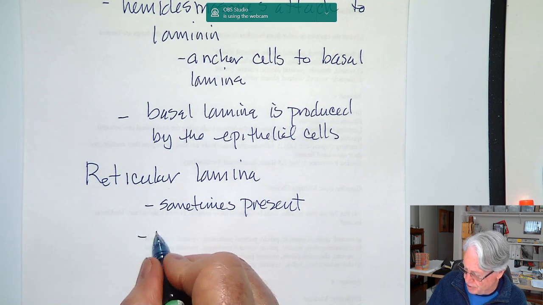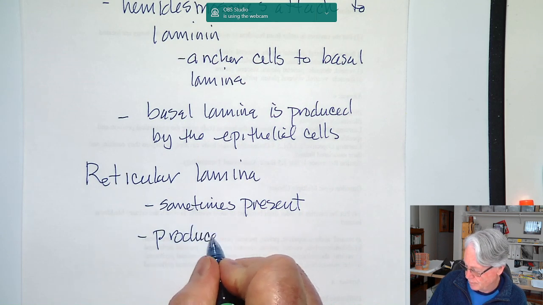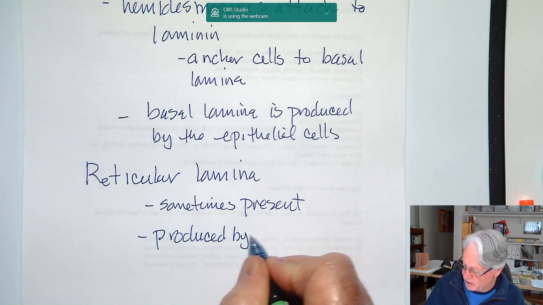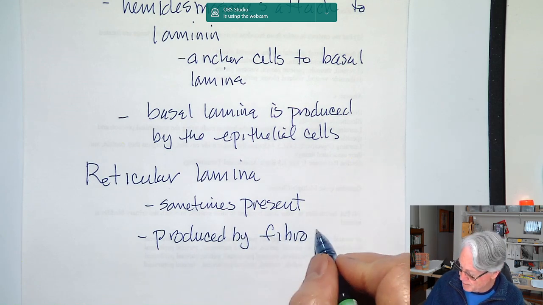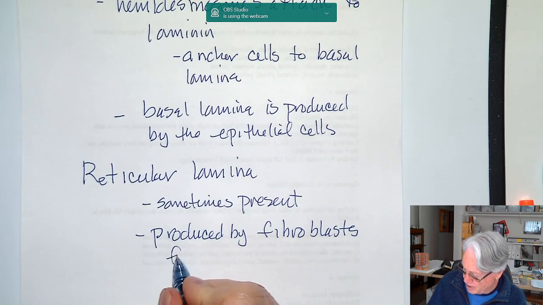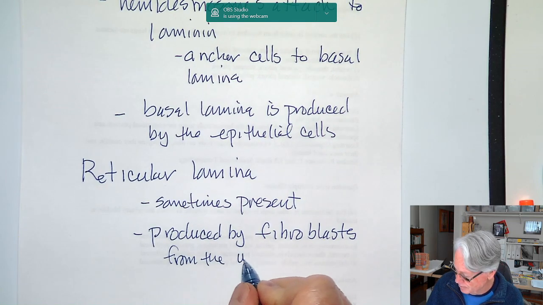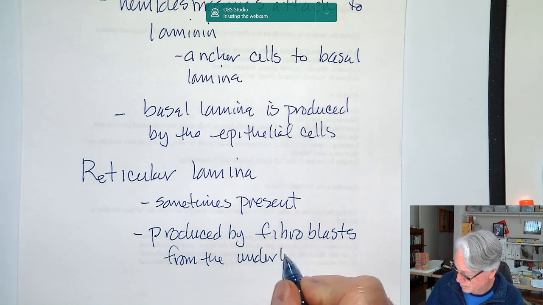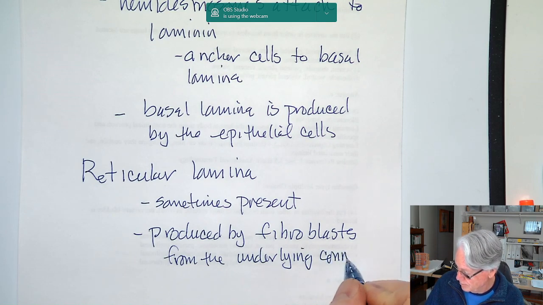It is produced by fibroblasts, which is a type of cell found in connective tissue, from the underlying connective tissue.